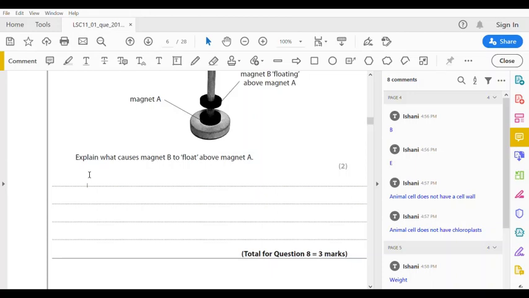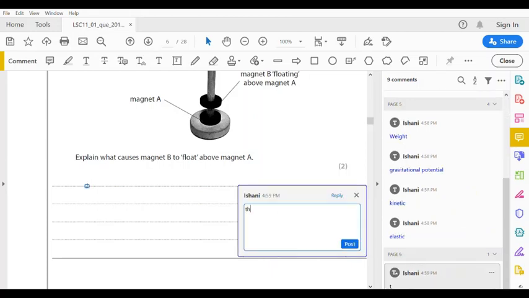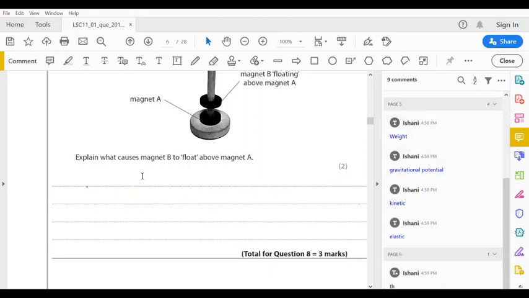So we will say the two magnets are repelling.